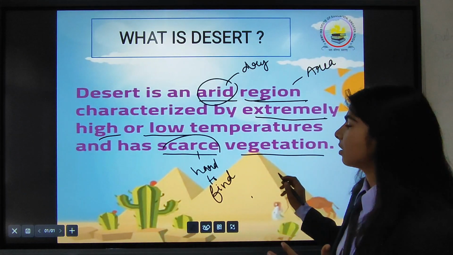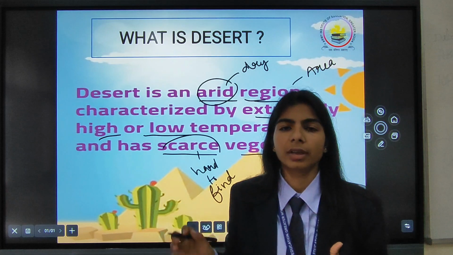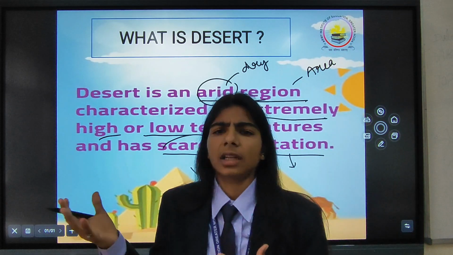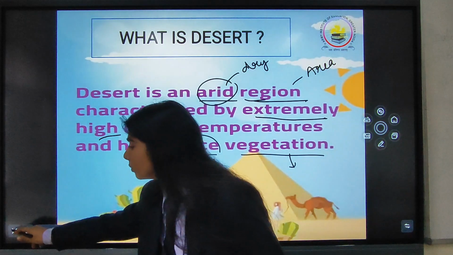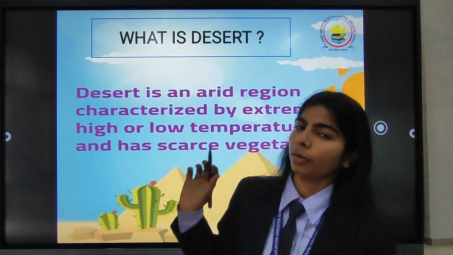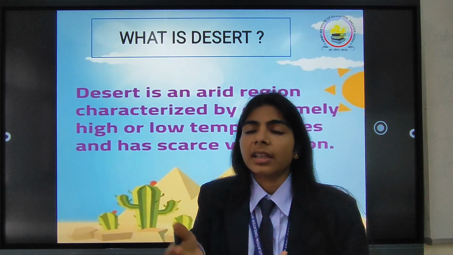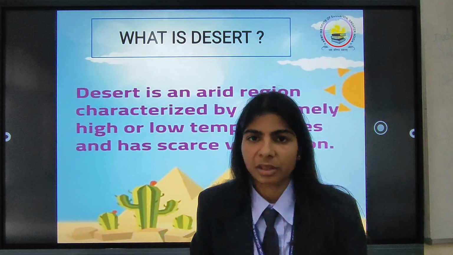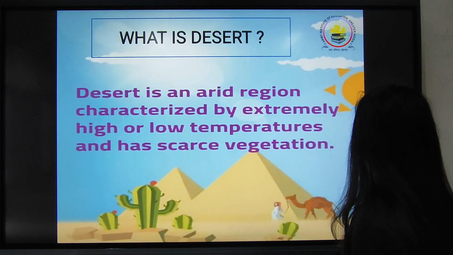Vegetation means all the plantation and greenery that we can see in our surroundings. So we can understand from this definition that a desert is a dry area that has extremely high and low temperature and a limited amount of vegetation and plants.